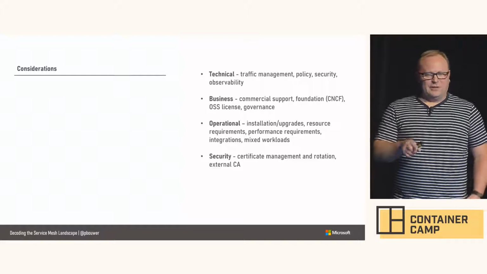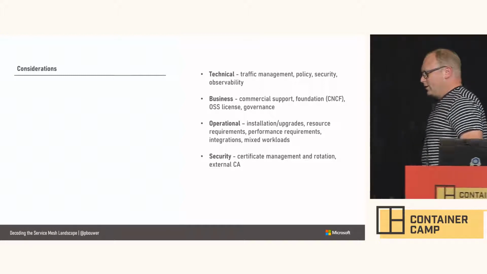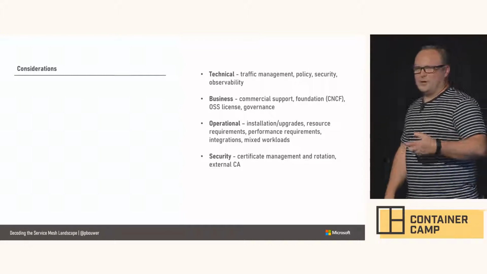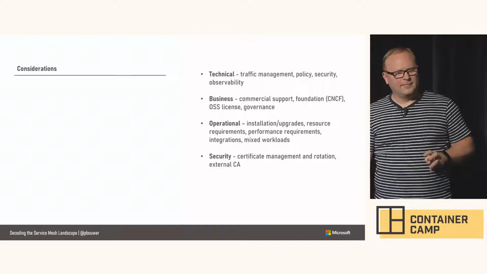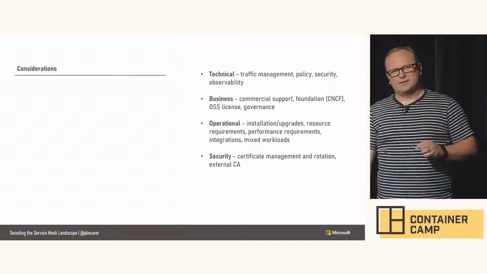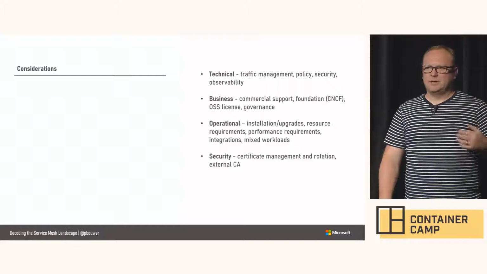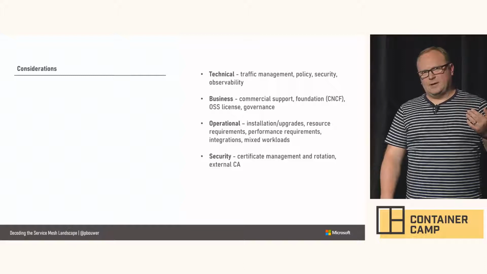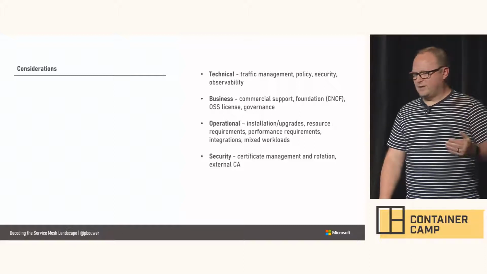If you've been following the service mesh space for a while, something that's been coming up of late is the overhead of running a service mesh, and that's typically been tilted towards Istio at this point. They're doing a lot of performance enhancements, so those overheads are coming down.